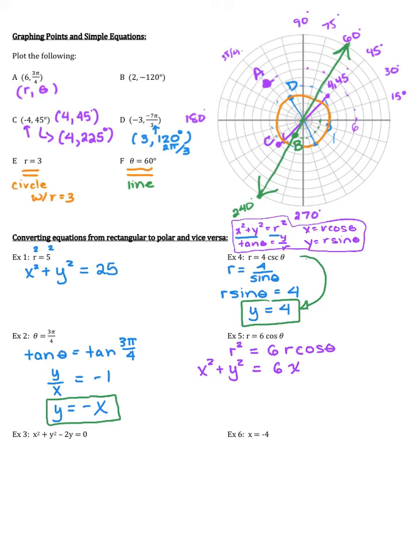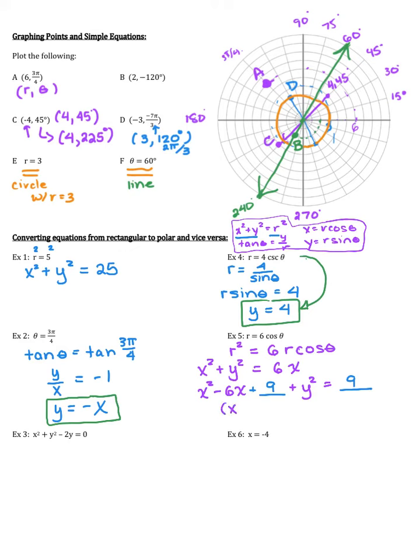Now, what you will have to do with these is, sorry to say, complete the square so that you can see what kind of equation you have. So x squared minus 6x plus blank, and then we still have plus y squared equals whatever you're adding to both sides. So we're going to add 9 to both sides, half of -6 squared.